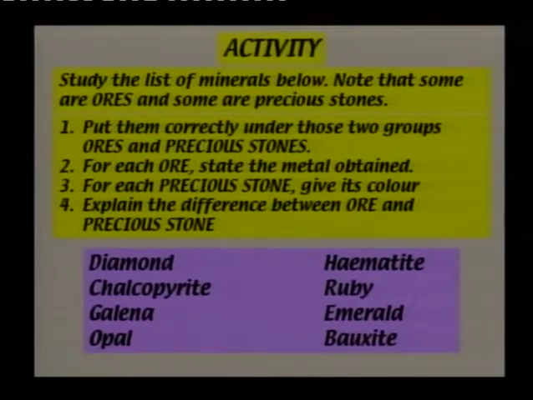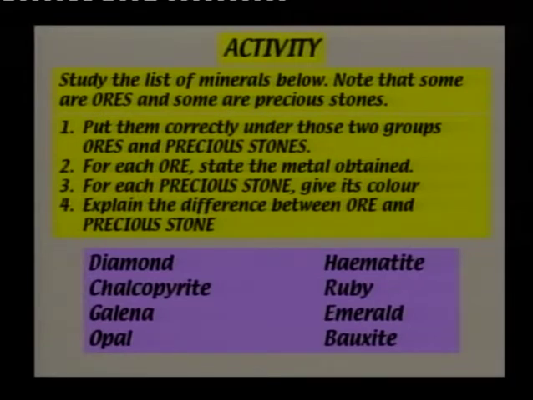That's the first activity you were supposed to have done. Number 2, for each ore, you were supposed to state the metal which is obtained from it. Number 3, for each of the precious stone, you were supposed to give the color. And finally, you were expected to explain the difference between ore and precious stone.